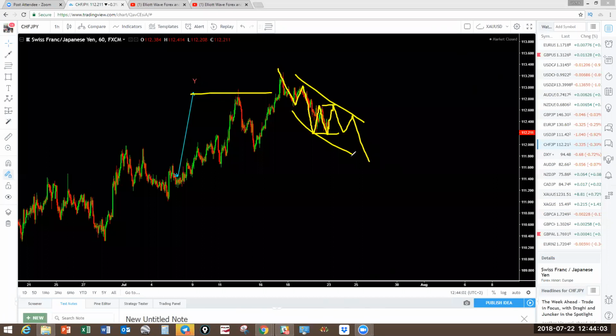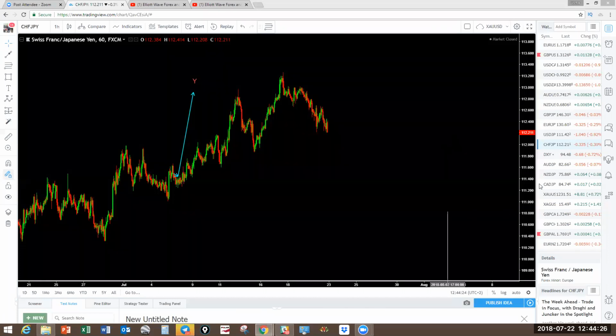Okay, it's only EURUSD that is showing strength because of the weak US dollar. So Swiss and the euros are correlated. So don't be surprised if I'm forecasting EURJPY down and CHFJPY down. That is very possible.